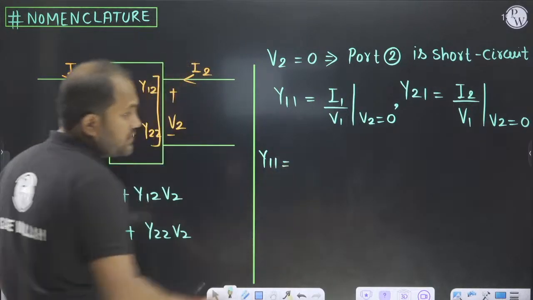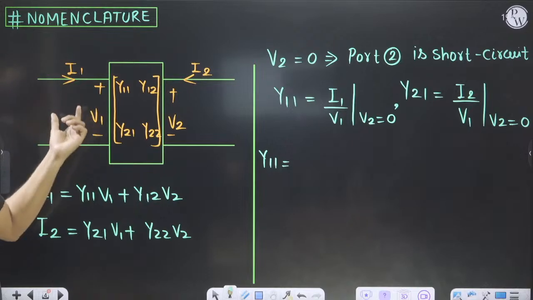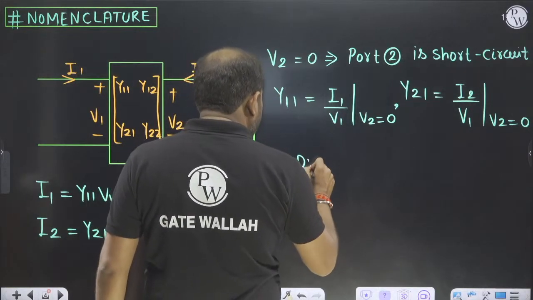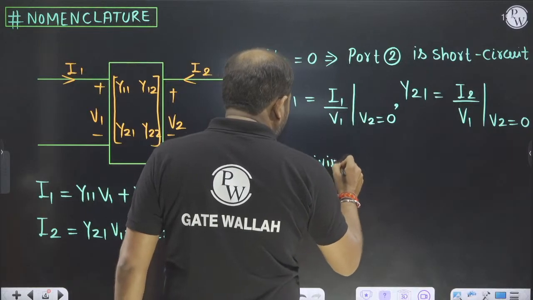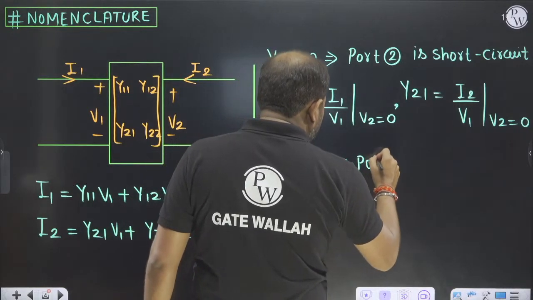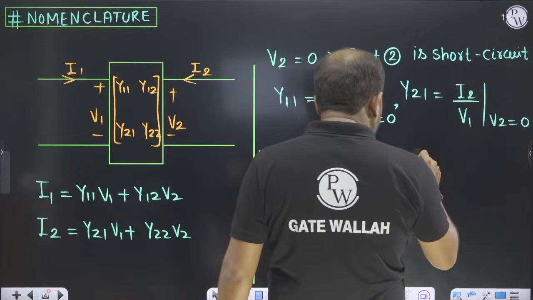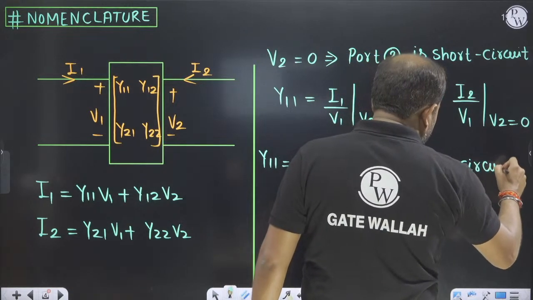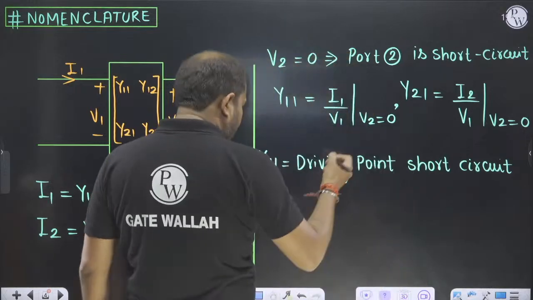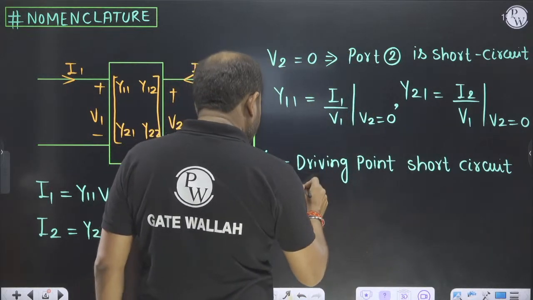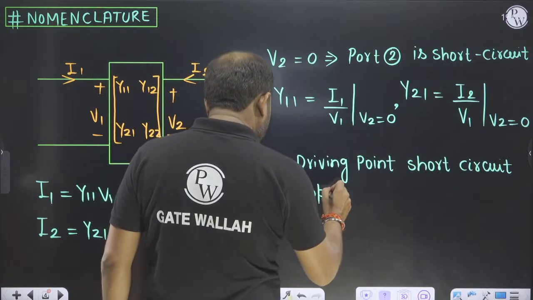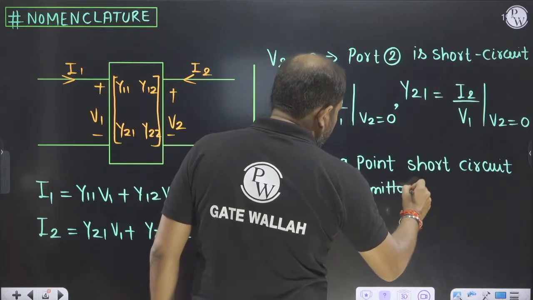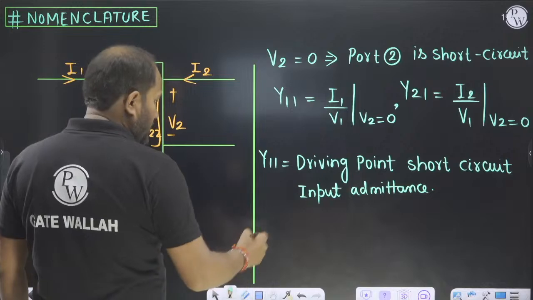Y11 is input, so it is known as driving point short circuit admittance, input admittance. This is known as Y11.